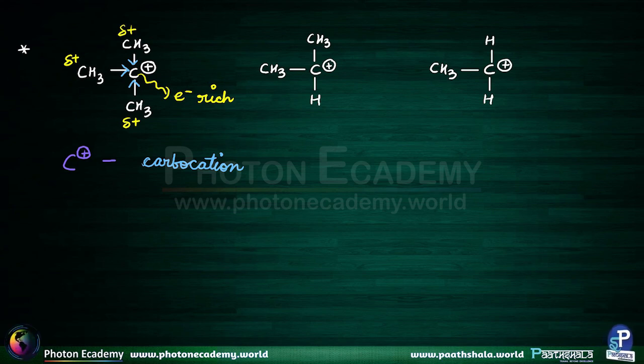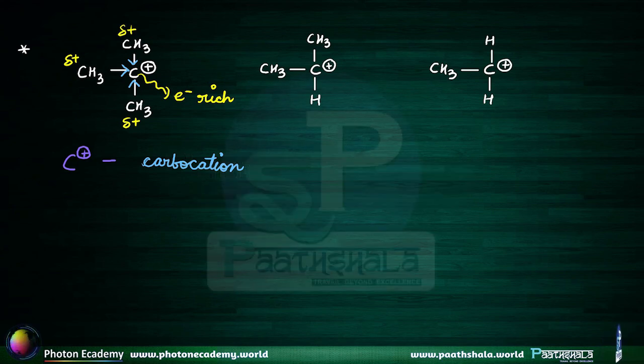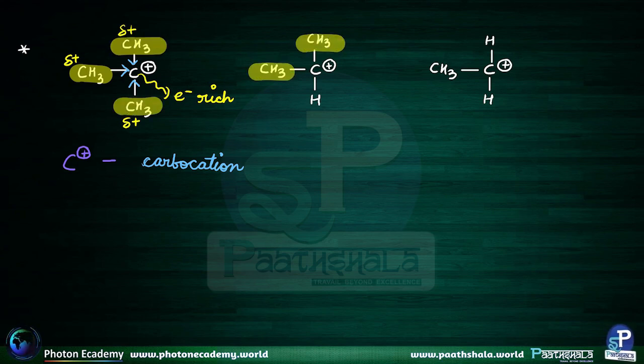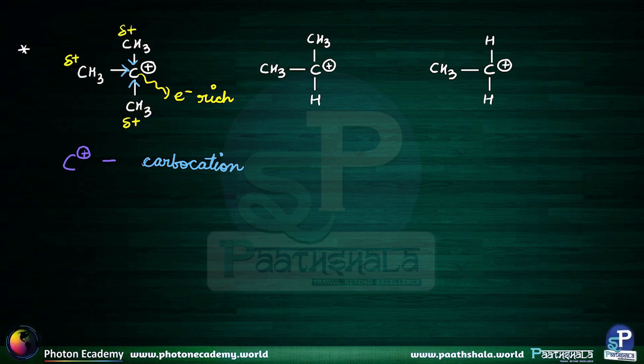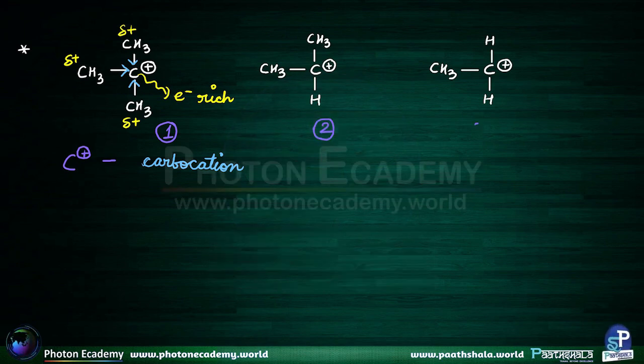So we can see that since the first one has more CH3 groups attached to it than these two options which are already present to us, thus we can say that the first one, I'll mark it here for you, and the second one and the third one. So this first one will have more stability as compared to the rest of the two.